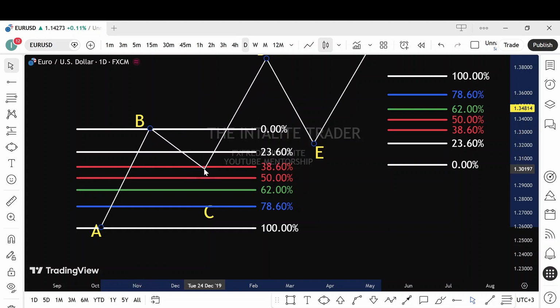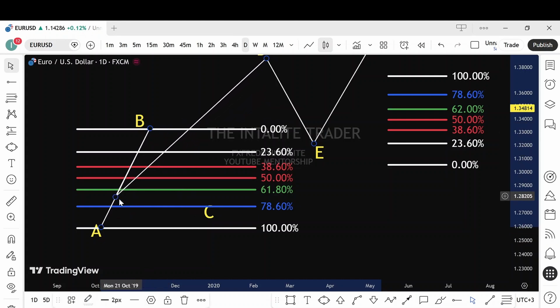If it pulls back to 38.20, it means it has made a pullback of 38.20 of this previous move. If it comes back to 50, we shall say it has pulled back 50% of this previous move. If it pulls back to this 61.80, it means it has pulled back 61.8% of this previous A to B leg.